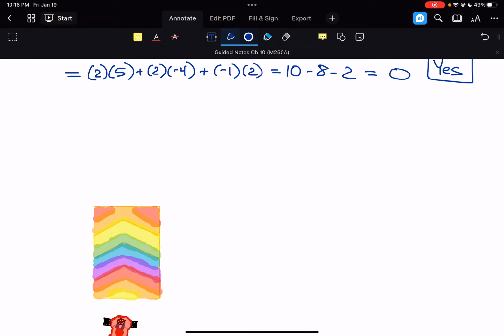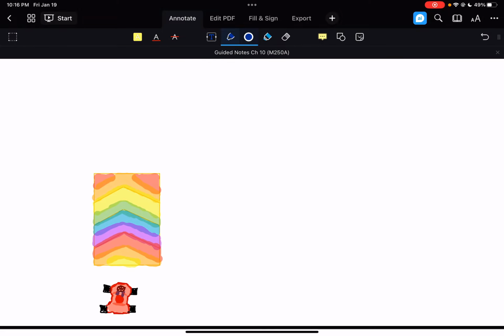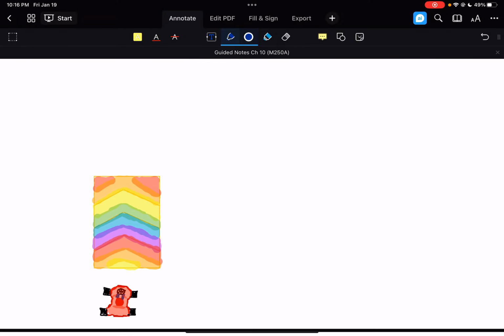If you're familiar with Mario Kart, they have these rainbow speed booster pads that exist within the game. Hopefully everybody's at least vaguely familiar with what this is. So I've got my rainbow booster pad here. I've got the car right here.